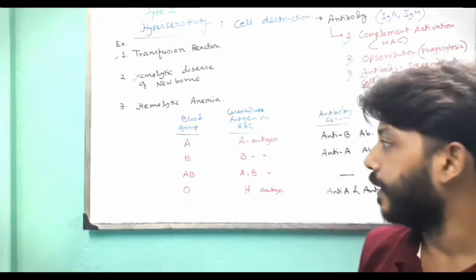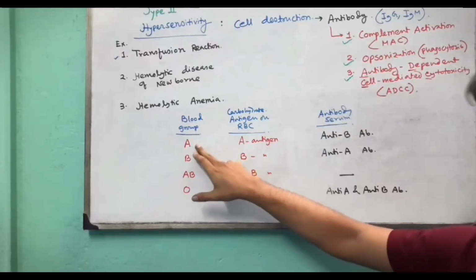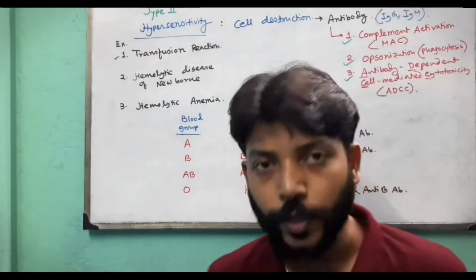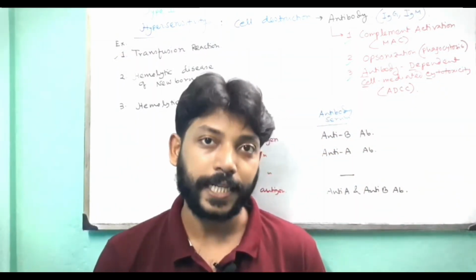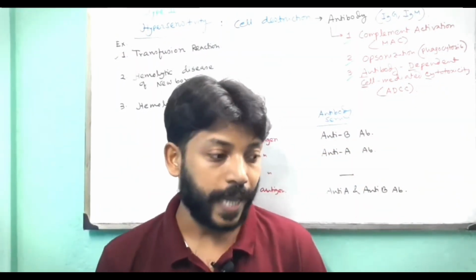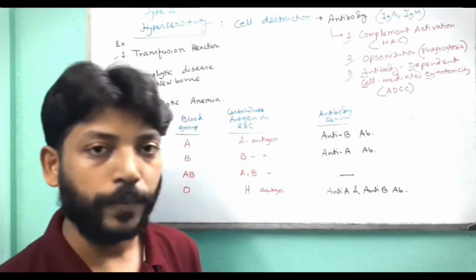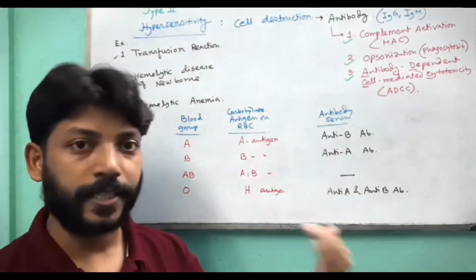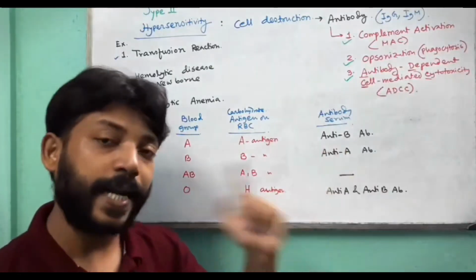But have you questioned why this blood group A individual has anti-B antibody? Because those who understand immunology know that if there is any antigen in our body, in response to that antigen, antibody develops. I mean that if any antigen comes from the outside, I will develop an antibody against that antigen.